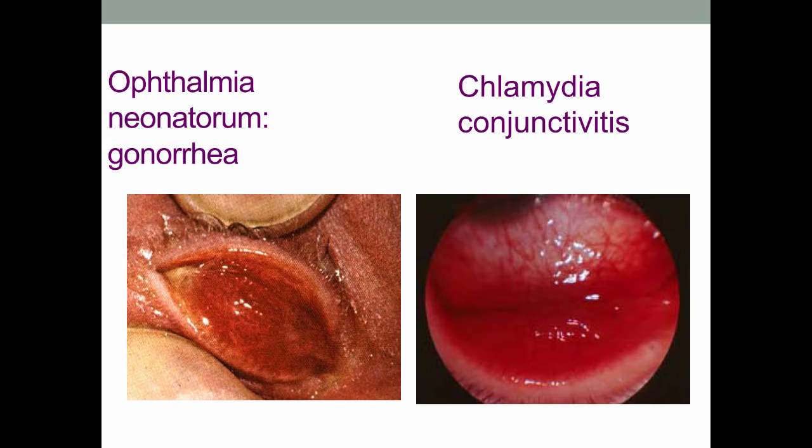GC, we treat prophylactic eye drops to prevent that one, but chlamydia, sometimes there are no signs at birth, and it can develop. Any bacterial conjunctivitis that appears in the first month of life, you should suspect chlamydia, and certainly GC if the prophylaxis wasn't provided.